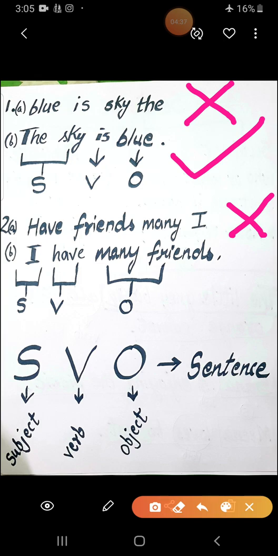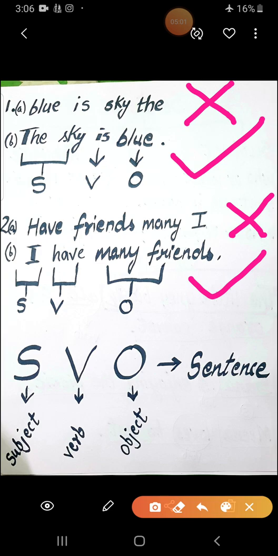Then read the second B part: I have many friends. See, these are a group of words. It is starting with a capital letter and ending with a full stop. And with I have many friends, you can get a proper sense. It means it is a sentence.